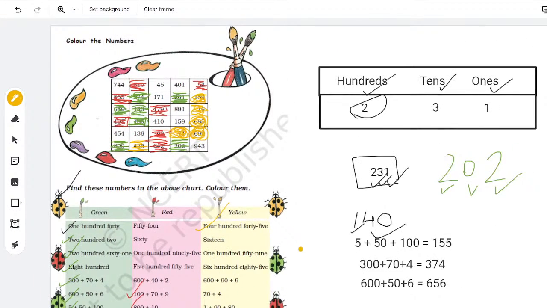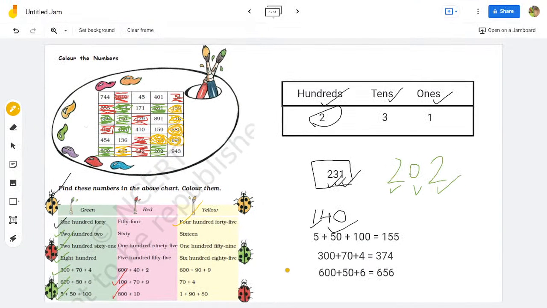We have 1 and add 90, add 1, add 80. Let's understand this one. We have 1, add 80, add 90, add 80.